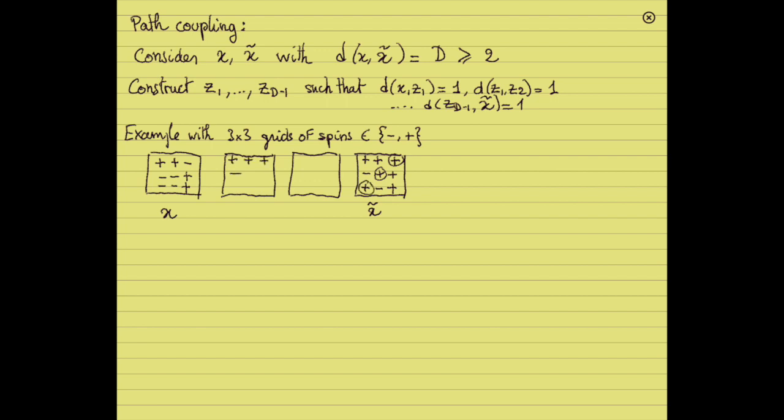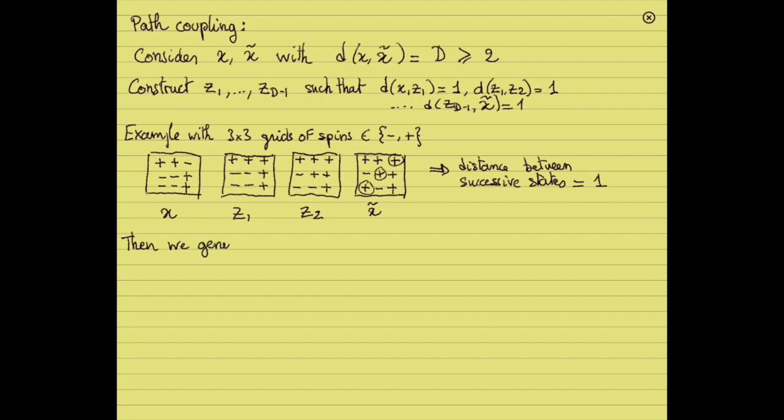And so then we can simply introduce those differences one by one to obtain Z1 and then Z2, so that the distance between X and Z1 is 1, the distance between Z1 and Z2 is 1, and the distance between Z2 and X tilde is also equal to 1. So since the total number of differences was 3, it was enough to introduce 2, which is D minus 1, intermediate states to obtain this sequence of states.